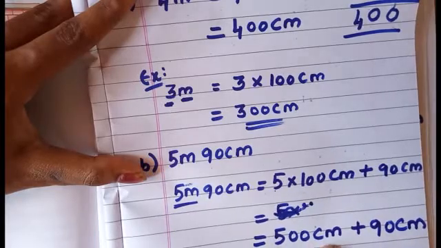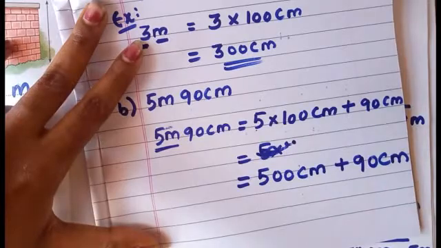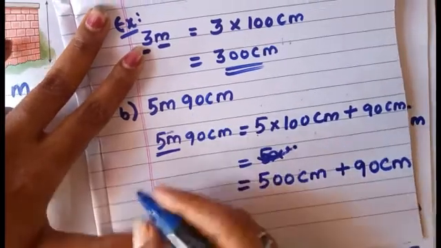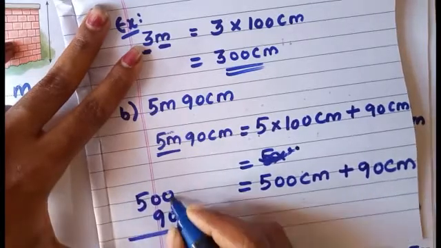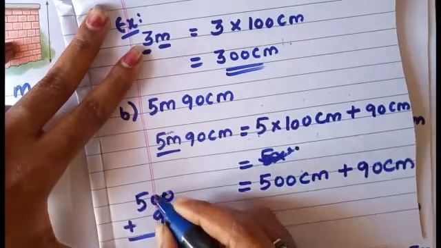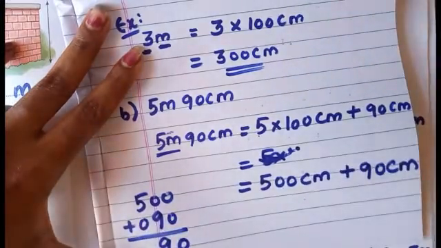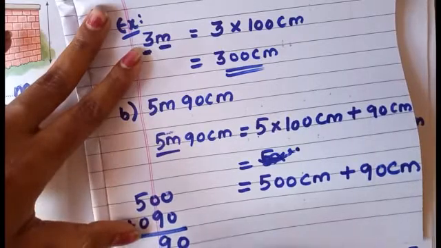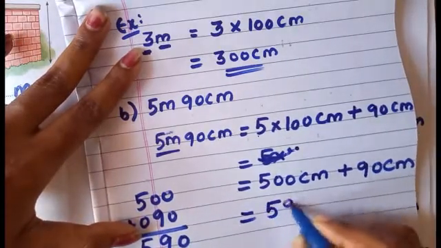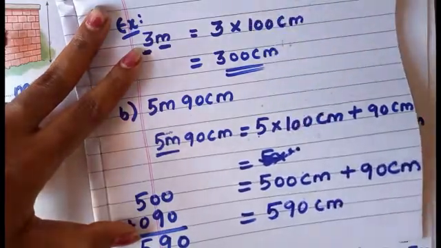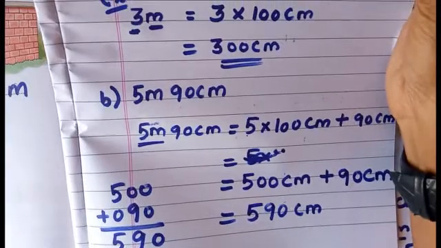So both are in centimeter. Am I correct? Both are in centimeter. So what you have to do? You have to add. So 500 plus 90. 0 plus 0, 0. 0 plus 9, 9. So here 0. If no number is there, you have to use 0. So 5 plus 0, 5. So what is the answer here? 590 centimeter.